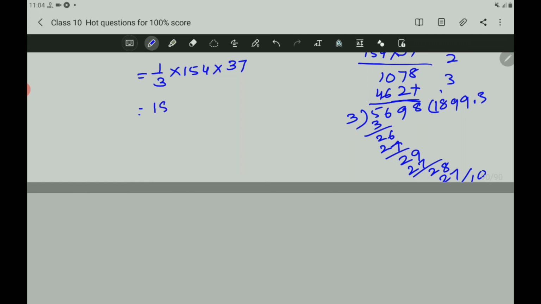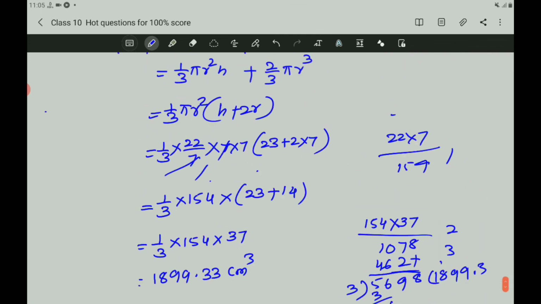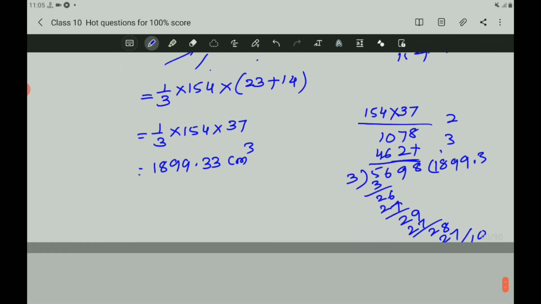So write 1899.33 cm cube. That is the answer you got here. So the volume of the toy equals 1899.33 cm cube.